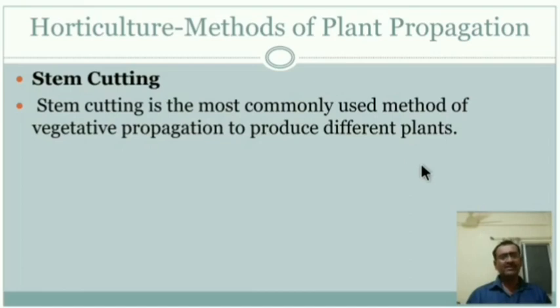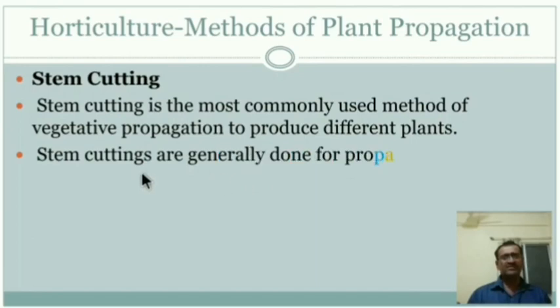Some plants do not have the capability of producing a root system, and in such conditions root promoting hormones are used.